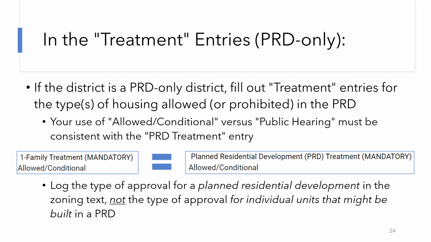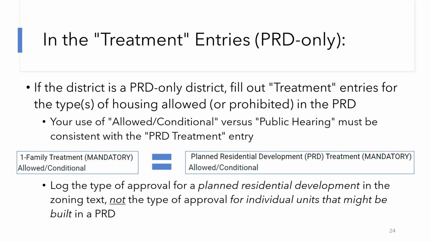After you have filled out your PRD treatment, which indicates whether the PRD is allowed conditional or public hearing, you are then going to go to each of the housing treatment fields and fill it out with the exact same information if they are permitted within that PRD. Since it is the only housing that is permitted, it must match the permitting process of the PRD. Anything that is not permitted within the PRD could be marked prohibited, and then anything that is should match.